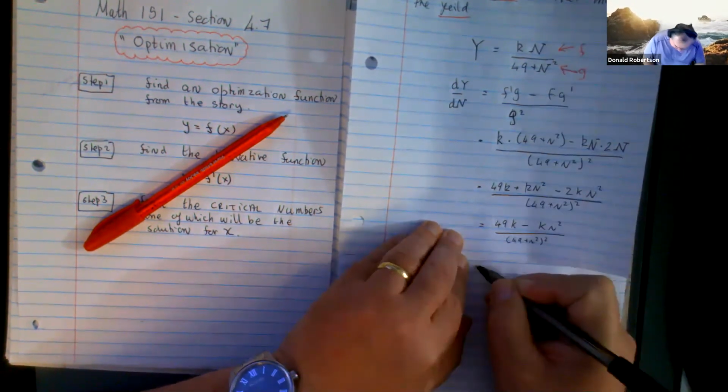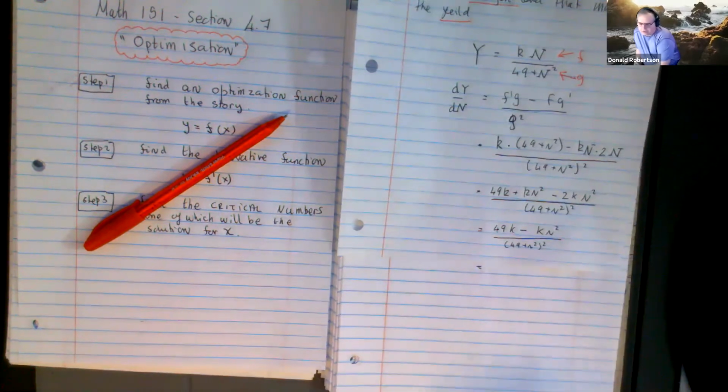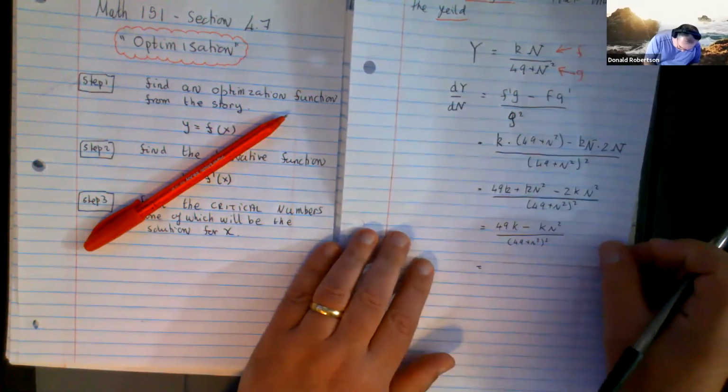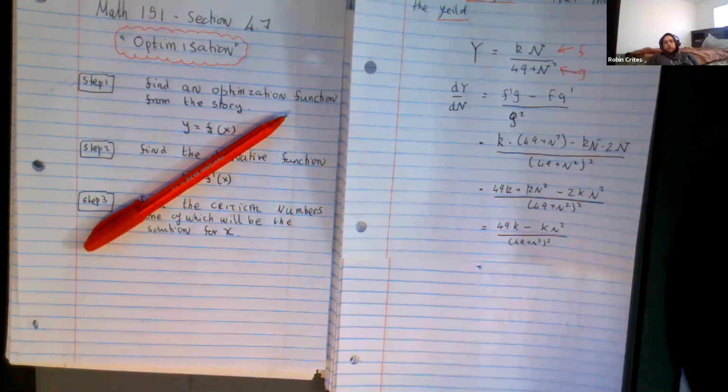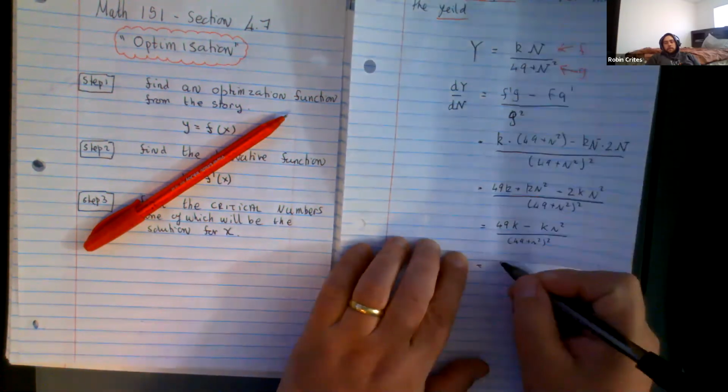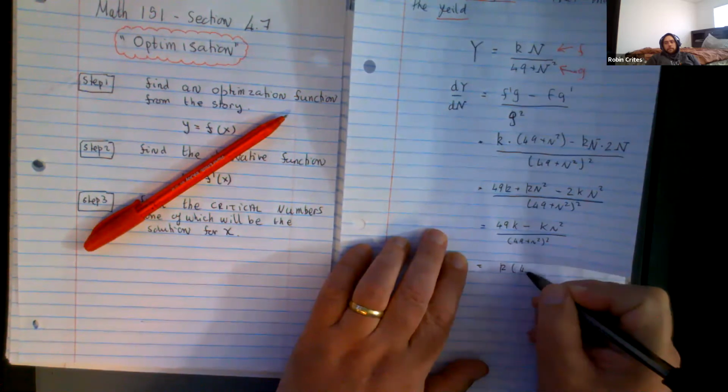Is there any style points you can do to the top? 49k take away kn squared. Is there anything you can do there? You can take out a k and then factor it.